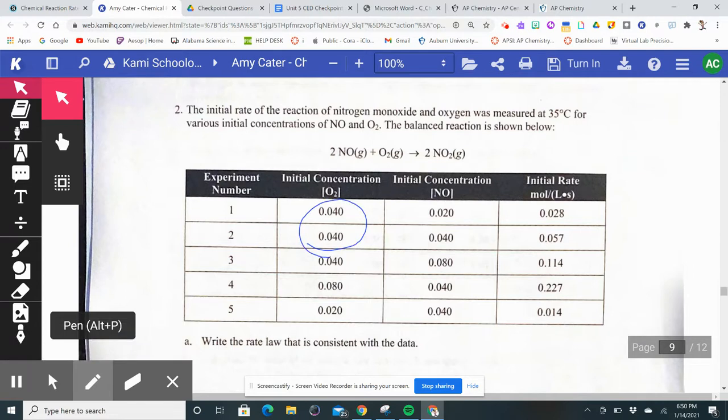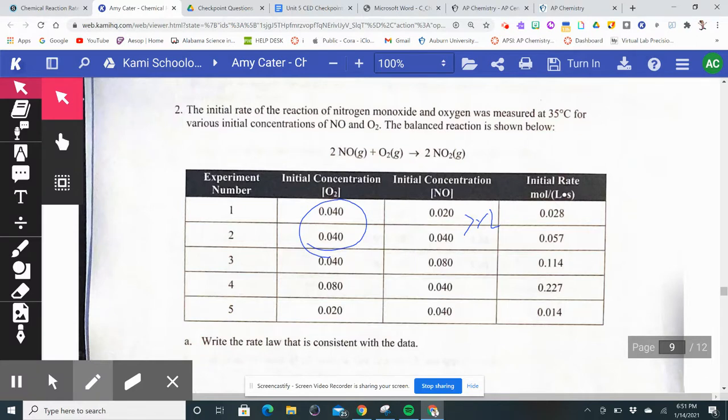And our initial concentrations of NO are doubled. We go from 0.02 to 0.04. So we can see that those double. So as one goes up, the other goes up. They both, in both experiments, they go up. So that means it's going to be first order with respect to the NO concentration.